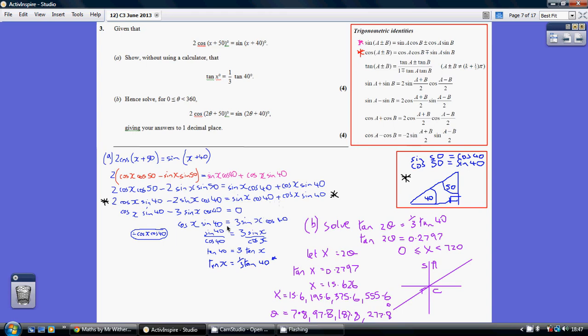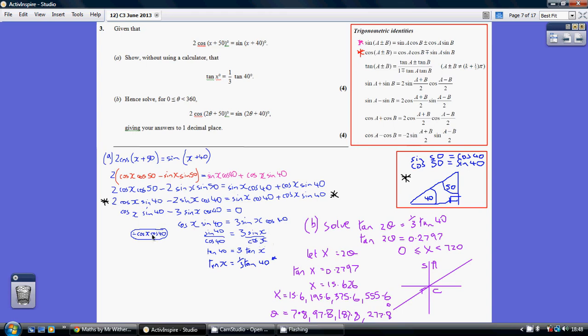Now at this point, remember what I'm aiming for. I'm really aiming for tans, which is sin over cos. So I choose to divide through by cos x cos 40. On this side that eliminates my cos x, but I have a cos 40 in my denominator, so sin 40 over cos 40, and over here that eliminates my cos 40, but I have a cos x in my denominator.